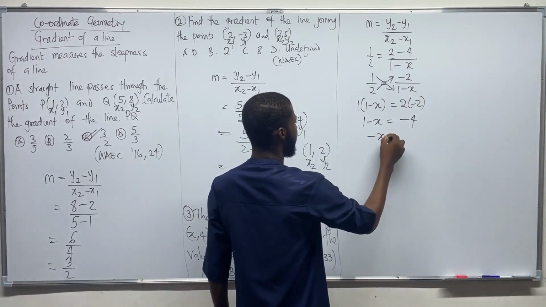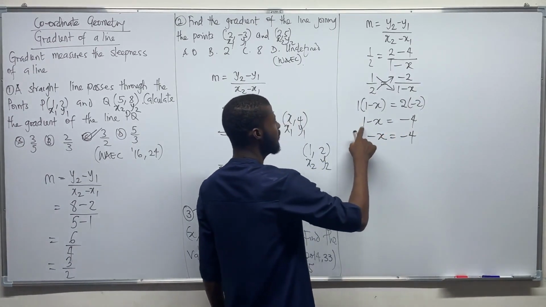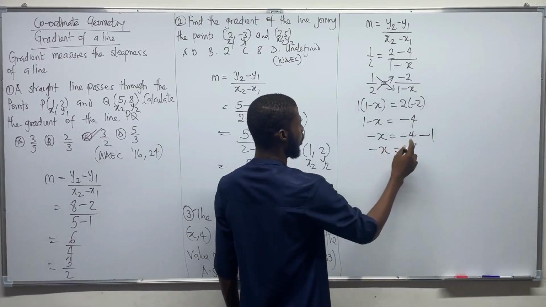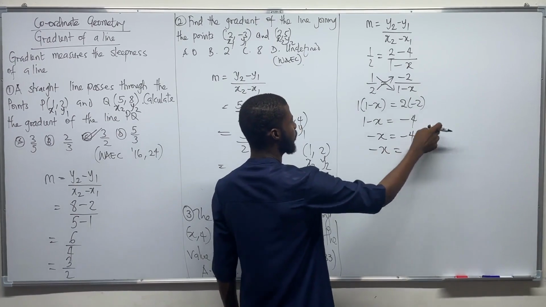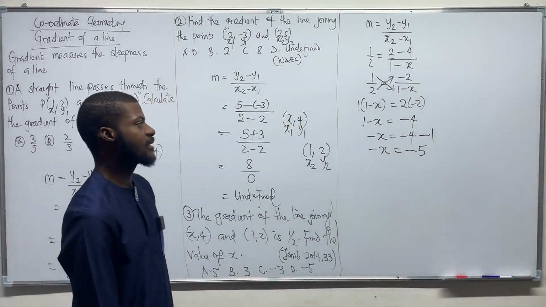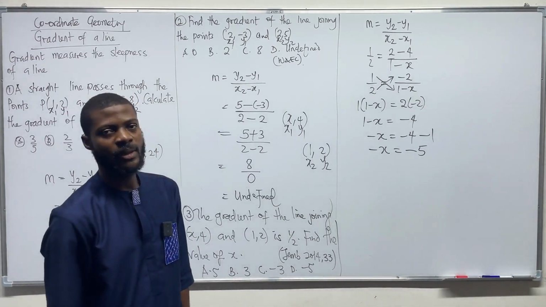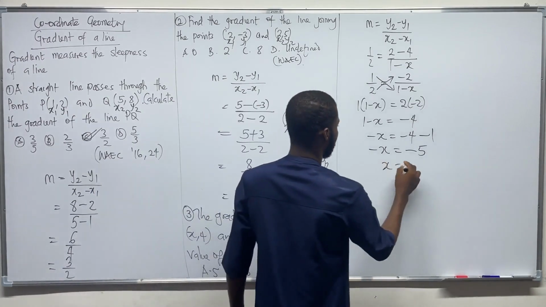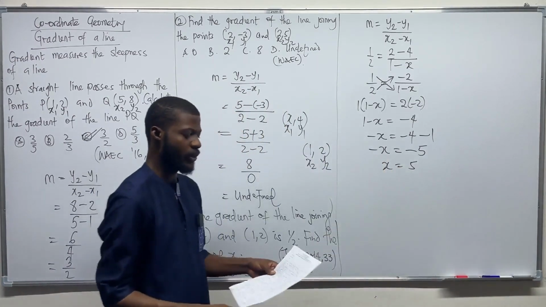So this is minus s equal minus 4 minus 1, which is minus 5. Now, both sides have minuses, so this will be s equal to 5 because the 2 minuses will go away.